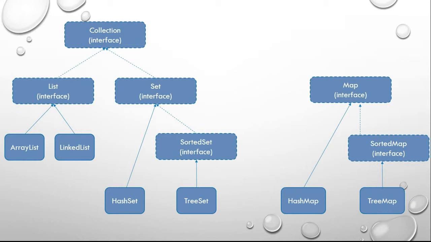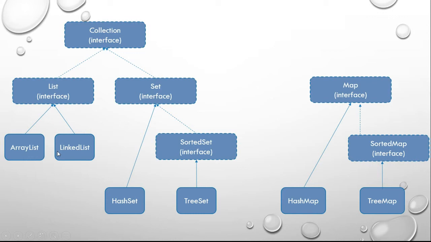So we have seen a couple of implementations of list, set and map. So with my examples, for list I used array list, and for set I used hash set, and for map I used hash map. We have more implementations to it.